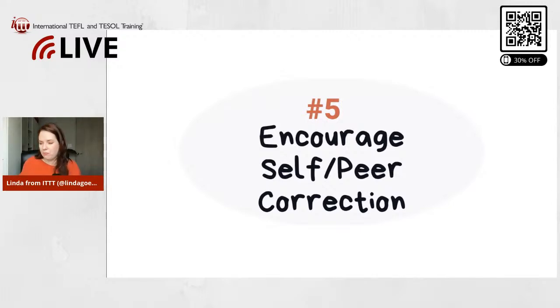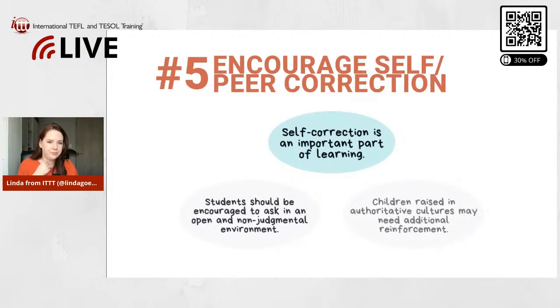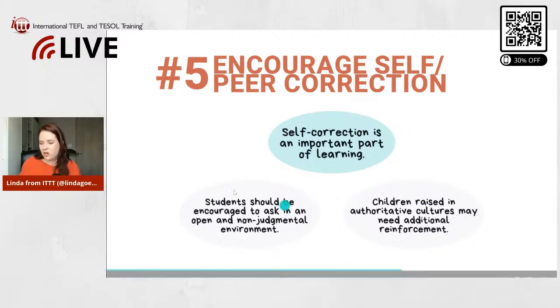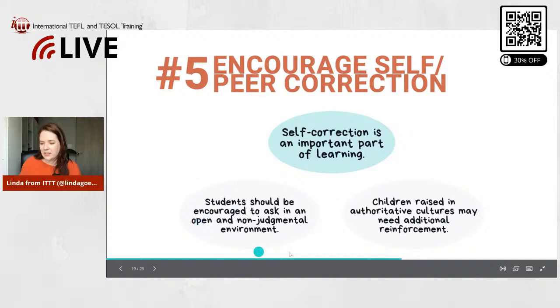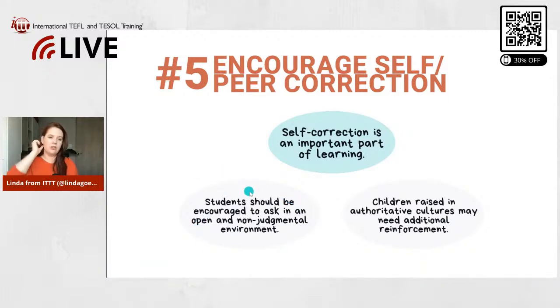That's also very important. So self-correction is an important part of learning. Also, not only for young learners, but for young learners, it's especially important that they are encouraged to ask in an open and non-judgmental environment. Especially for young learners, it depends. Sometimes they are very fearless, especially the really young ones. They tend to be fearless, unless some students are very shy.